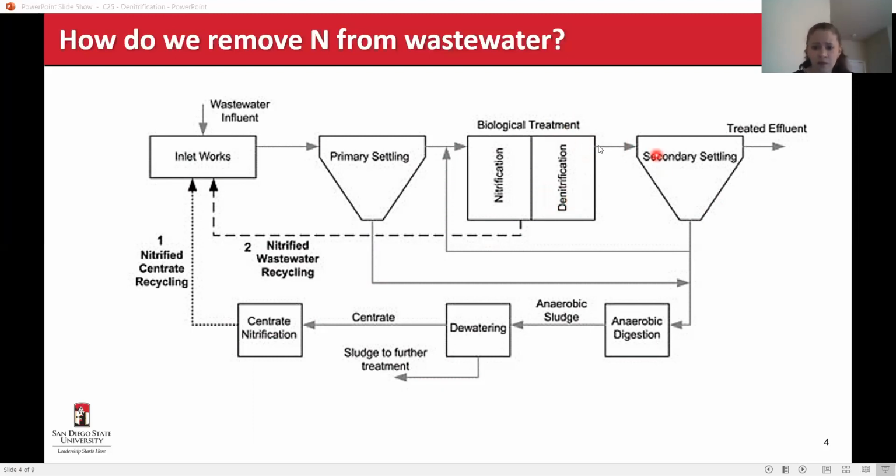And then from there, our effluent goes to secondary settling and so forth. So the system is typically centered right around our activated sludge. There are different configurations that have been used, but this is kind of the most typical treatment method that you'll see for traditional activated sludge, a traditional biological treatment system.